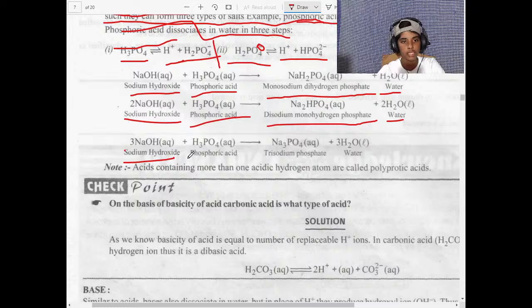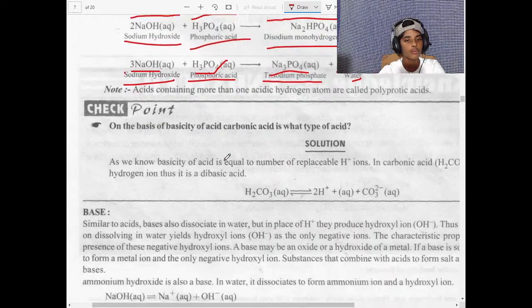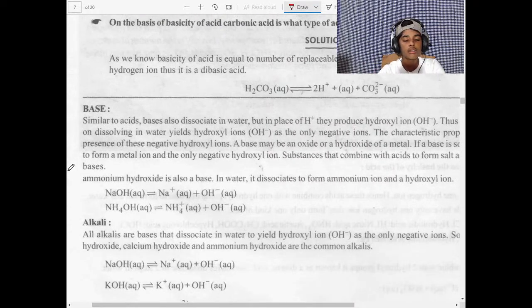Then sodium hydroxide plus phosphoric acid gives trisodium phosphate plus water. 3NaOH plus H3PO4 gives Na3PO4 plus 3H2O.